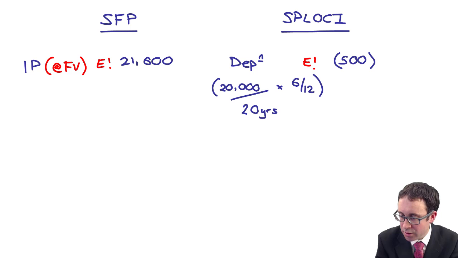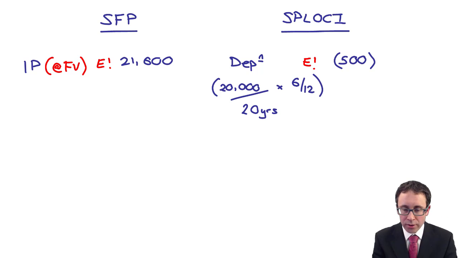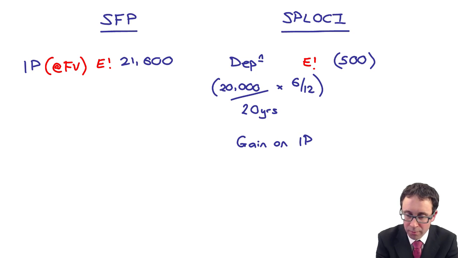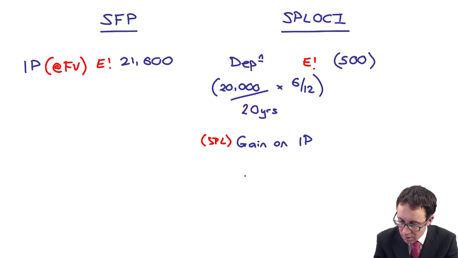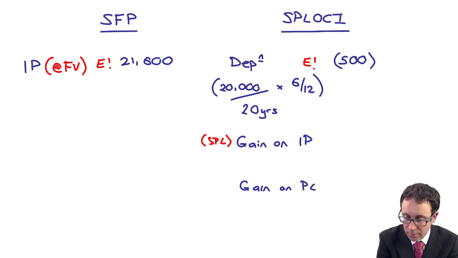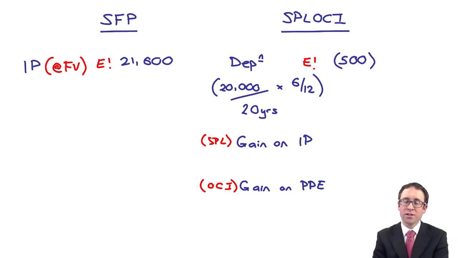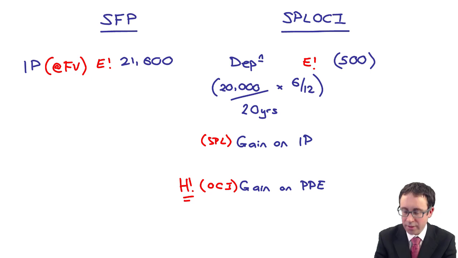The depreciation is pretty straightforward. But what you've got to be careful of here is that, yes, there is a gain on investment property, which goes in the statement of profit or loss. But there is also, I think, a gain on PPE, which goes through other comprehensive income, doesn't it? That, as always, is going to be a bit of a challenge. So I'll leave that for a moment.